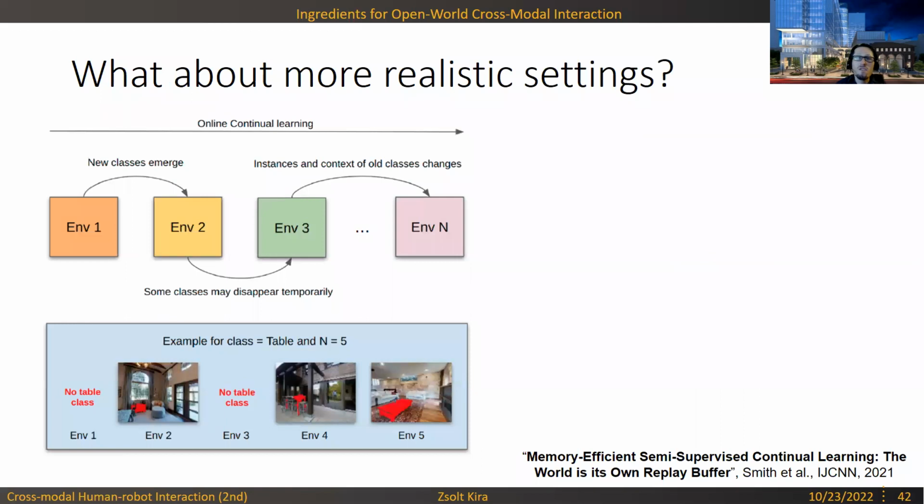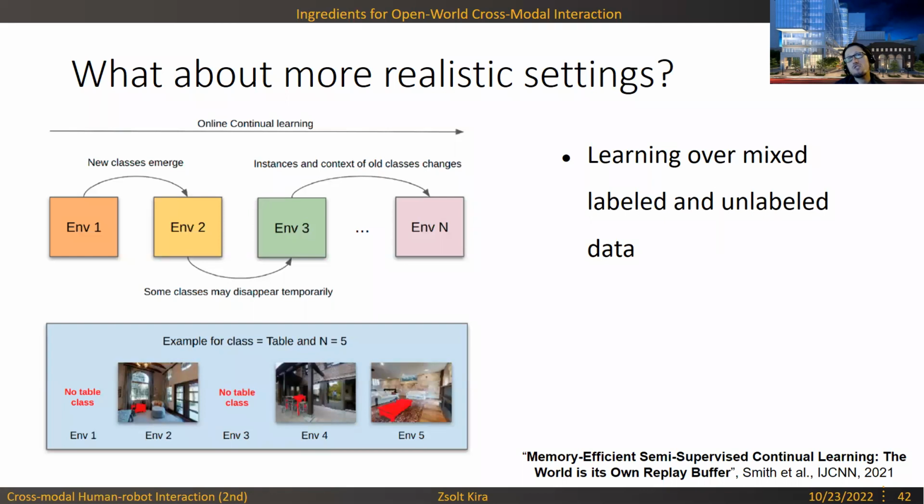Okay. And of course, a lot of that work we did in standard computer vision settings where you have images and image classification. One of the things that we've done recently in a workshop paper is essentially expanding this. Sorry, the citation is incorrect here. This is in CL Vision 2022, looking at what happens if an agent is wandering around, getting some sparse set of labels, but also gathering unlabeled data and learning about new environments.